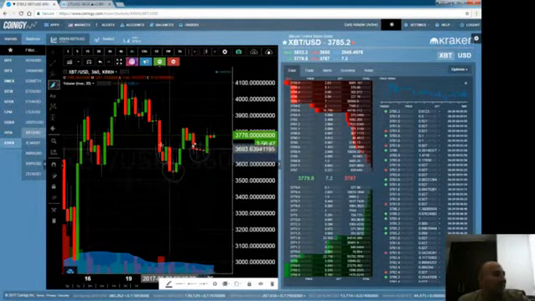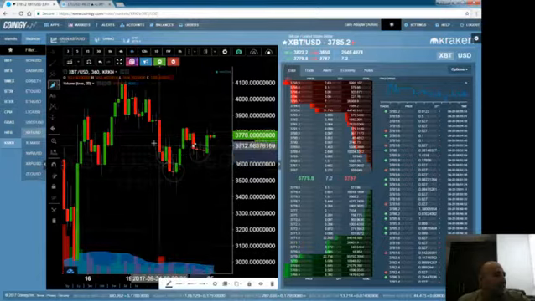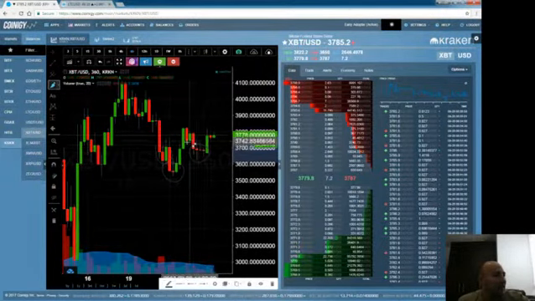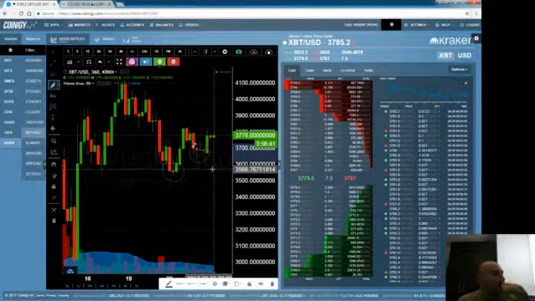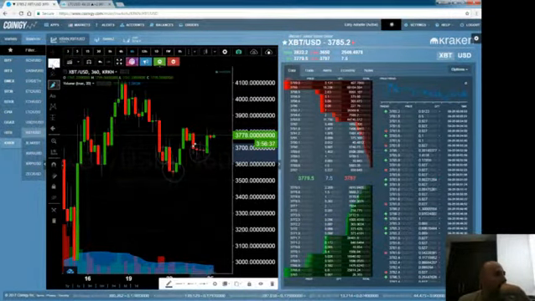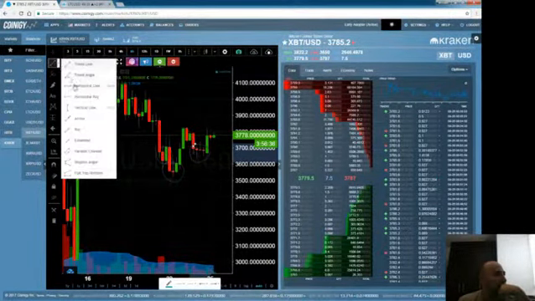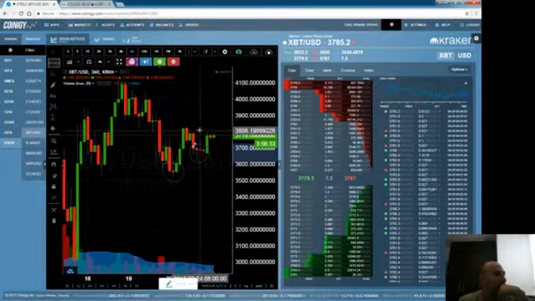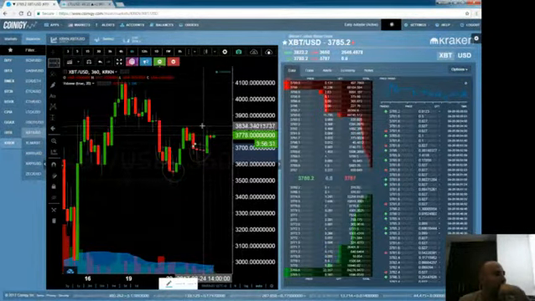So I think these are the shoulder, head, and shoulder. What we have to be watching now is that we don't find a double top. That would be a bad thing.